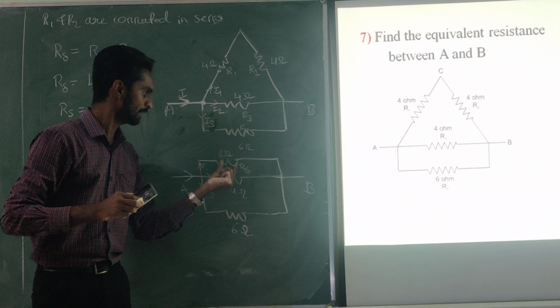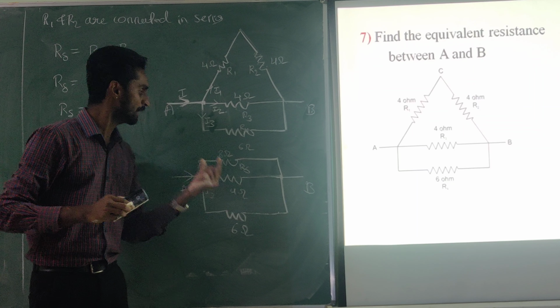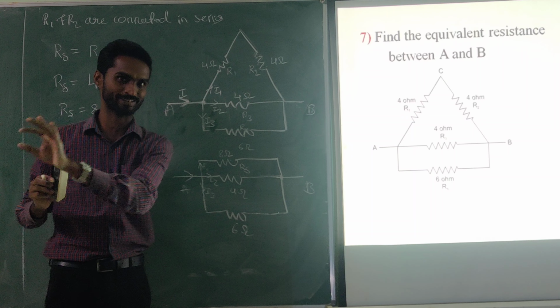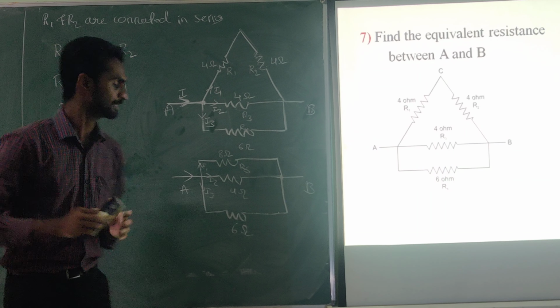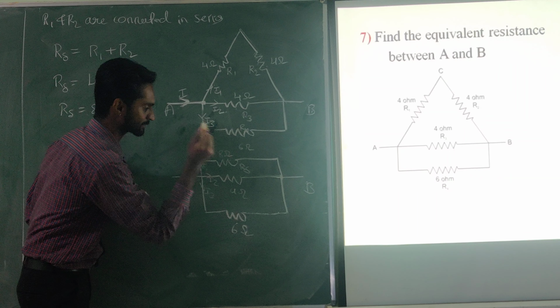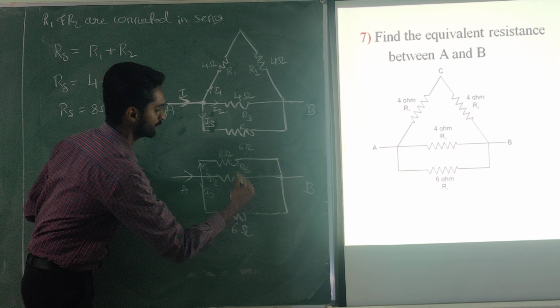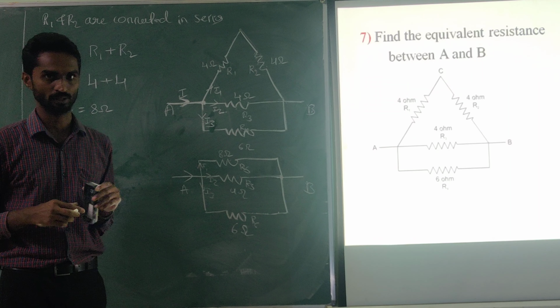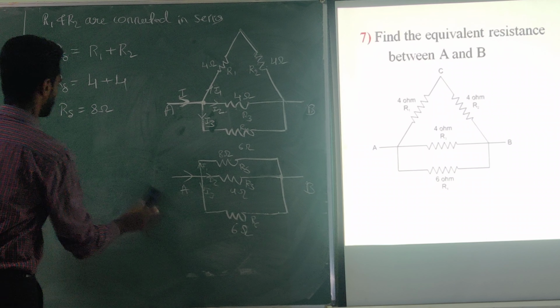So the current flowing through 8 ohm, 4 ohm and 6 ohm are not the same. They are different. That is the reason Rs, R3 and R4 are connected in parallel. So next, use the formula of parallel.